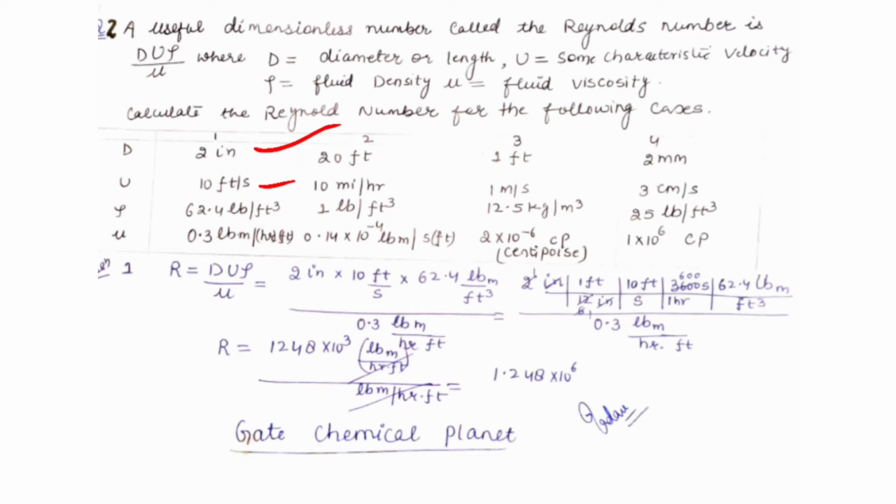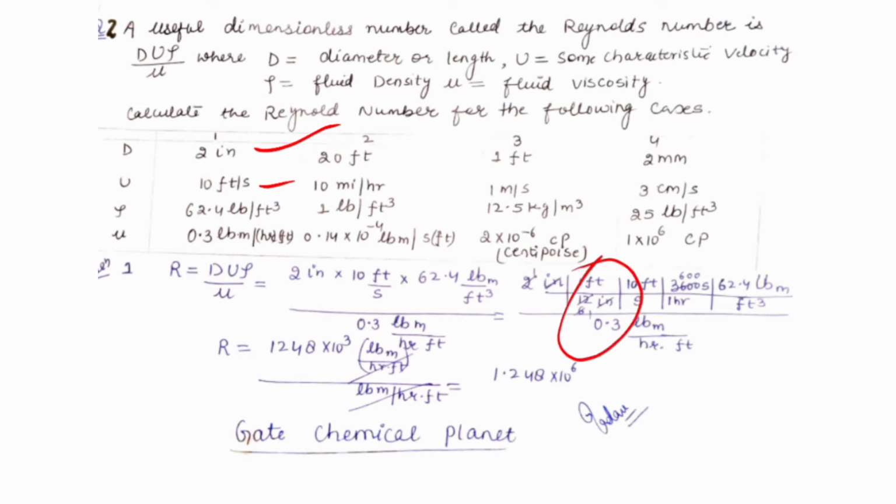In the numerator, the values are given in inch, feet, lbm and second, and in the denominator it is lbm divided by hour feet. The lbm per hour and feet will cancel out naturally. So here we will convert inch into feet.